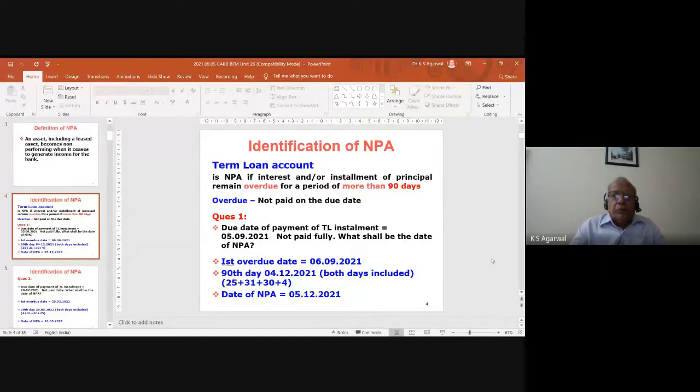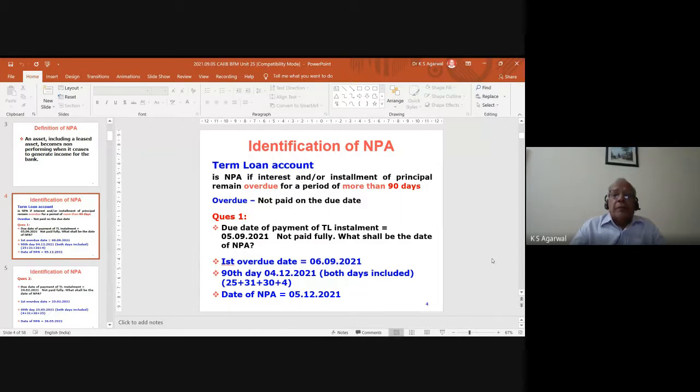Now, one example has been included here. This is your question 1. Suppose due date of payment of term loan installment is today, that is 5th September 2021, and it is not paid fully. Even if it is partially paid, it will attract this NPA classification norm.